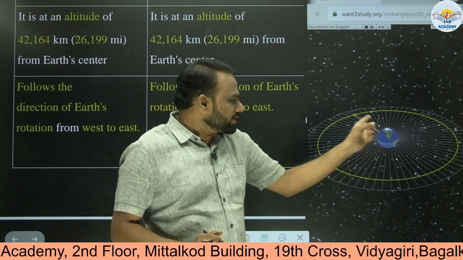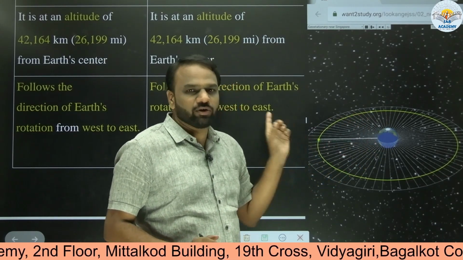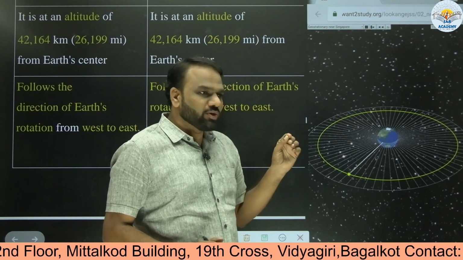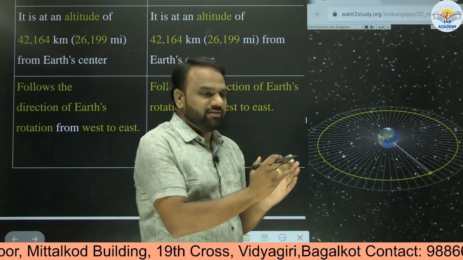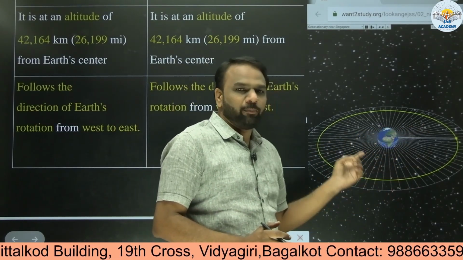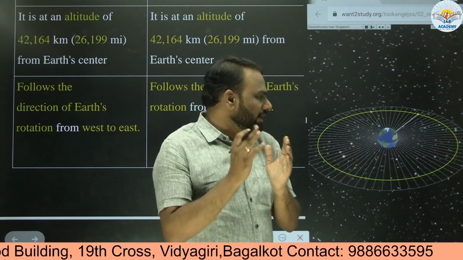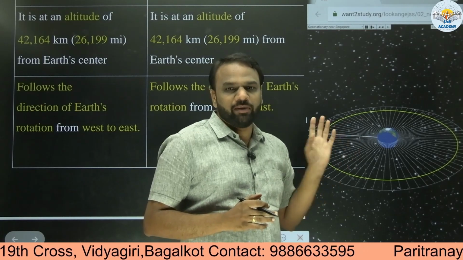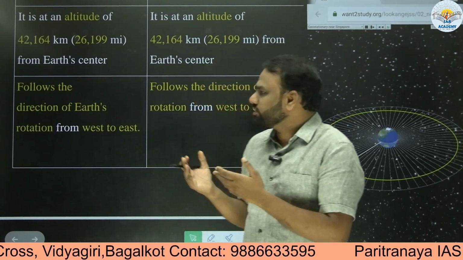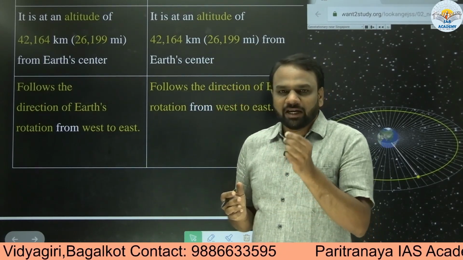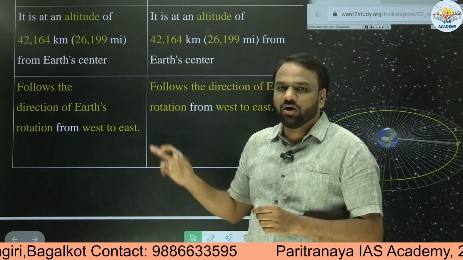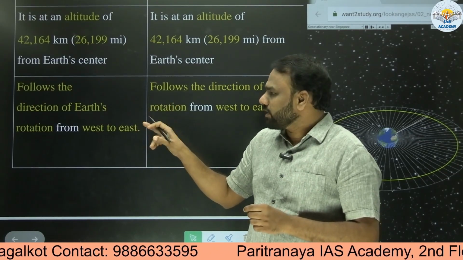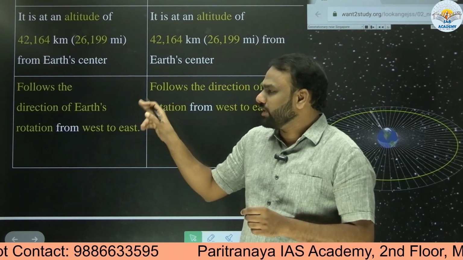Similarly, the satellite in the geosynchronous orbit also rotates from west to east. It is not rotating in any opposite direction. It is aligned with the rotation direction of the Earth. So this is very important. In order to confuse us, they may make a statement like this: a satellite in geostationary or geosynchronous orbit rotates in a direction opposite to that of Earth's rotation.